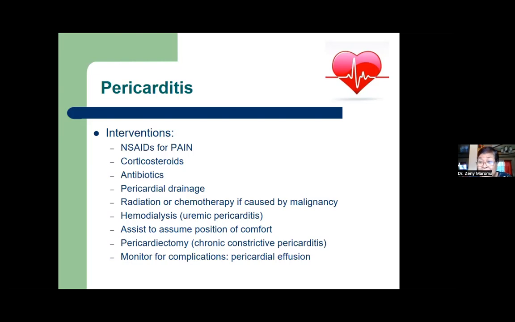Could you imagine? A 1-liter Coke fits in the heart. Since the fluid was a lot, the surgeon opted to remove it by tube, by pericardiostomy, because using only a syringe and needle would take a long time and be tiring.